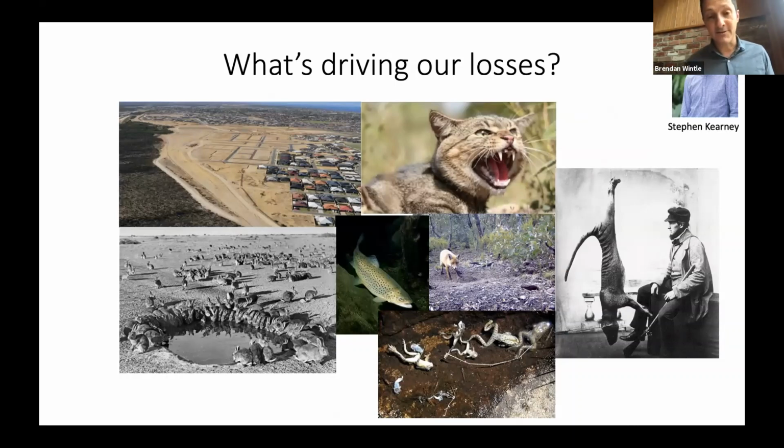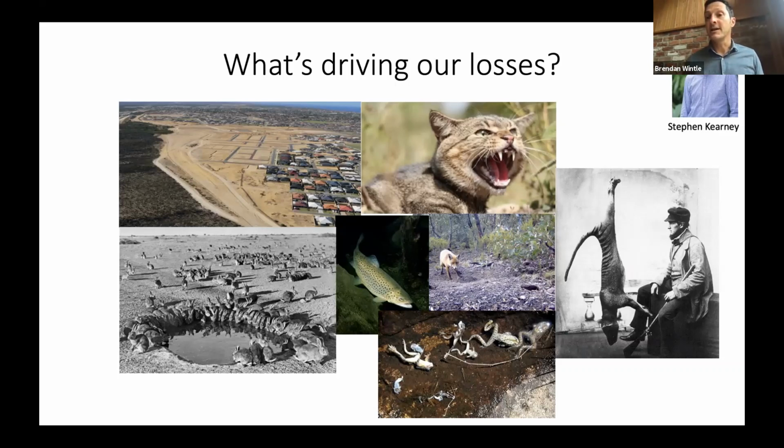So I'm going to try something here. It's a very dangerous thing for me to do in a Zoom presentation, but I'm going to ask you if there's anybody here who might be able to give me an idea of which threat threatens the largest number of species in Australia. So which of these threats is the biggest killer in terms of threatened species in Australia?